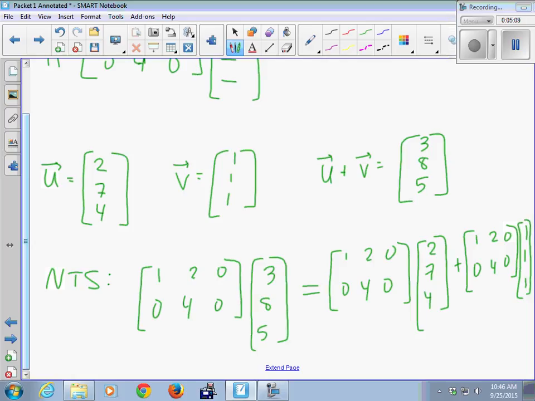That's what makes a transformation linear: you can add first and then multiply, or multiply first and then add.